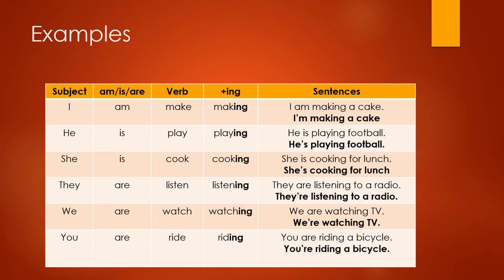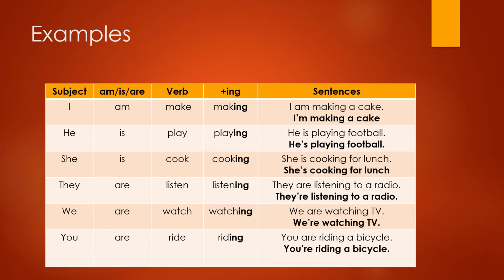Okay, look at example number 4. They are listen. Because the subject is they, we have to use are. And then the verb is listen. The end of the verb is the letter n. So we don't have to erase any letter. We just have to add ing. They are listening to a radio.